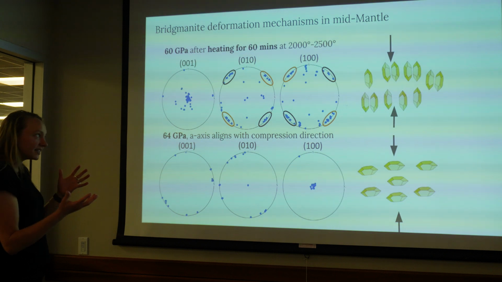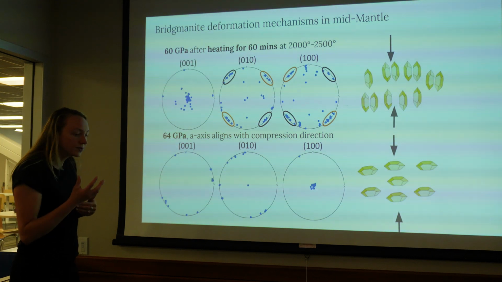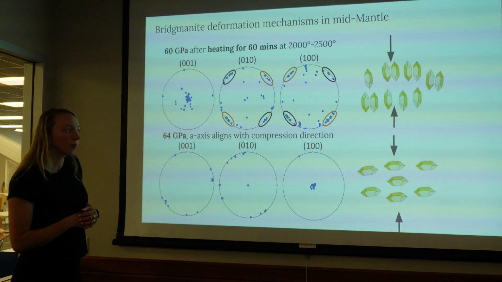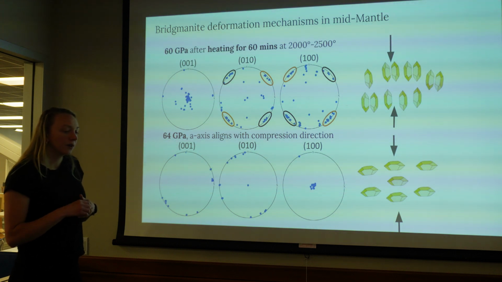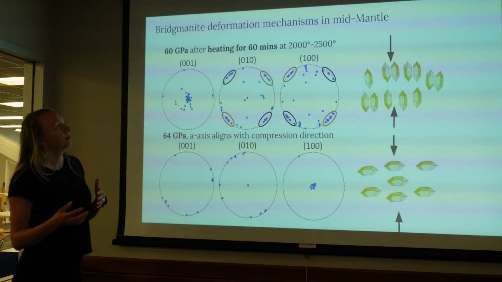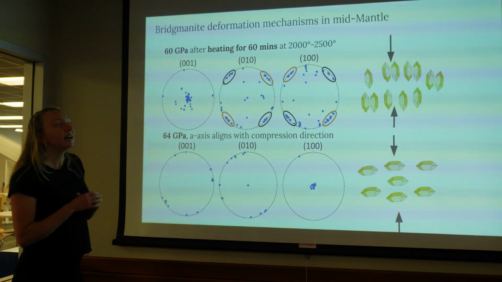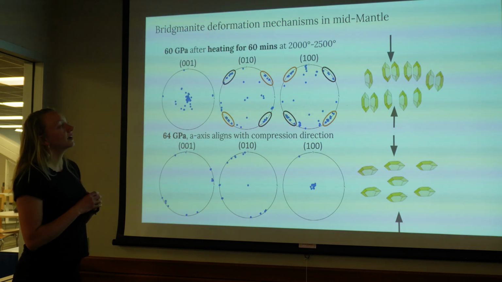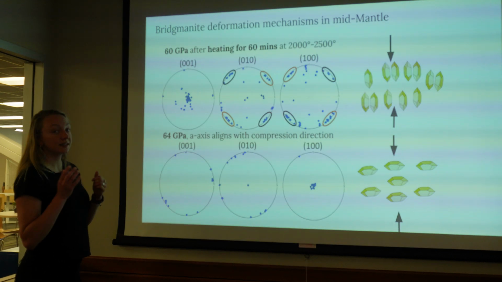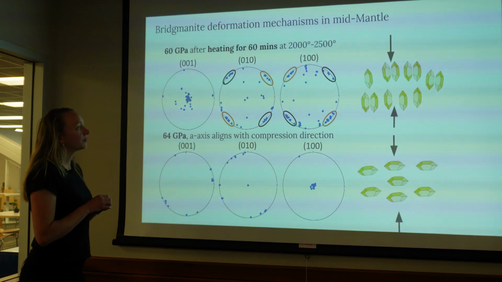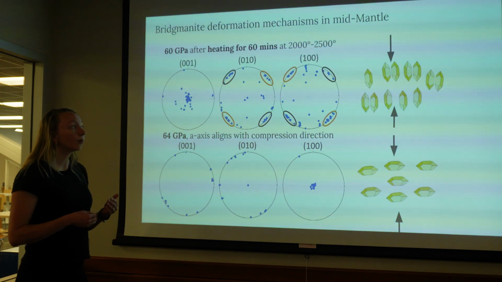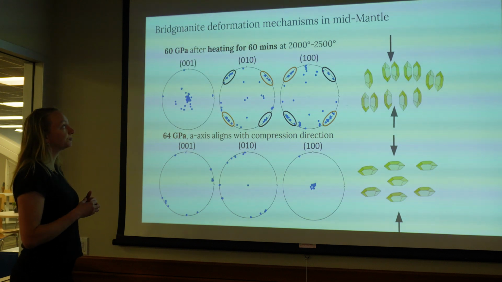And to get back to that question of anisotropy, are these grains becoming more ordered or less ordered, or do they not show any order at different pressures that represent the mantle? I look at how the grains are oriented at different pressure steps.